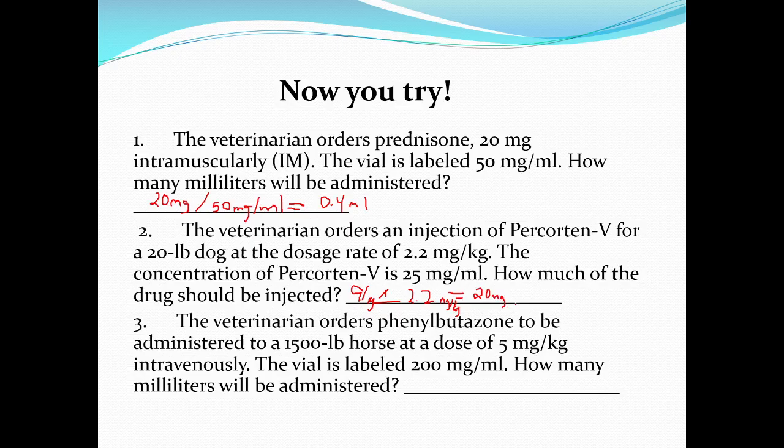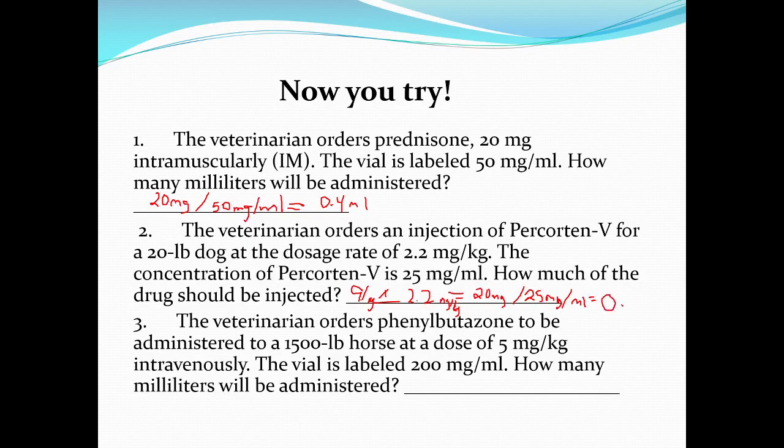Okay, so 20 milligrams, and we need to divide by the concentration, 25 milligrams per mil. Is that going to be more than a mil or less than a mil? Well, if this number is smaller than this number, it's going to be less than a mil. This is a fraction.